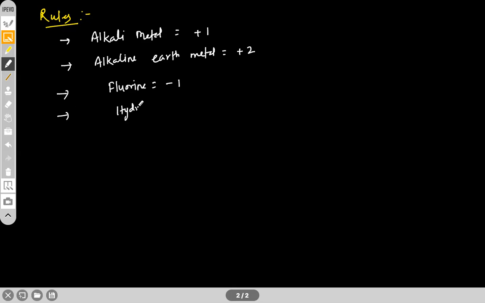Hydrogen is +1 mostly. We have some exceptions; in metal hydrides, it can show -1. Oxygen is important. Oxygen shows -2 oxidation state mainly, but in different conditions, like for peroxide it is -1, superoxide it is -0.5, ozonides -1/3, and oxygen difluoride it is +2.